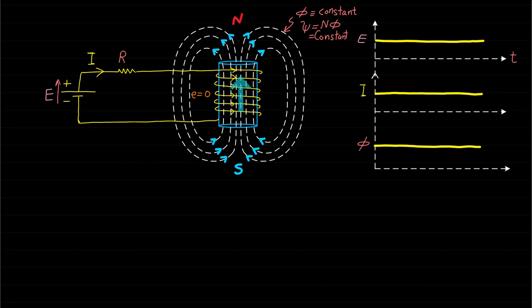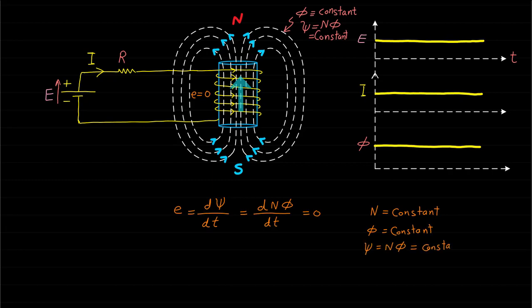This will lead us to the conclusion that the induced voltage across the coil will be zero when the magnetic field is constant or not time varying. In other words, the derivative of constant value of magnetic field linkage psi will be zero. Based on this conclusion, the voltage E will be equal to I times R.